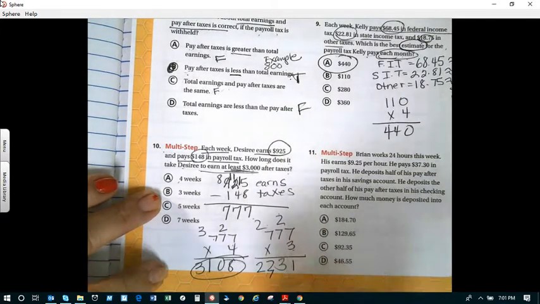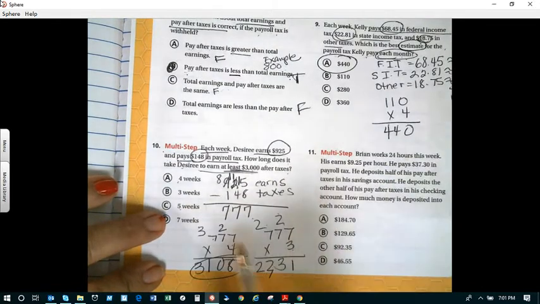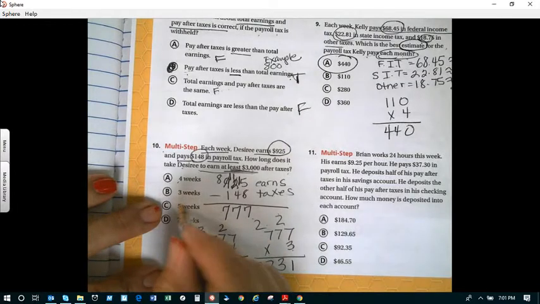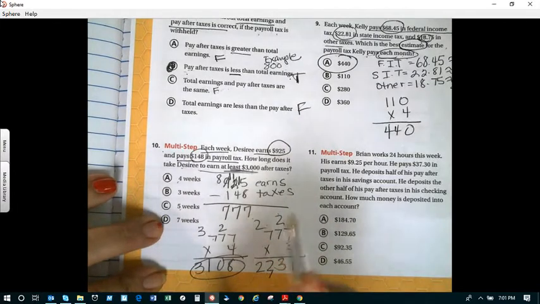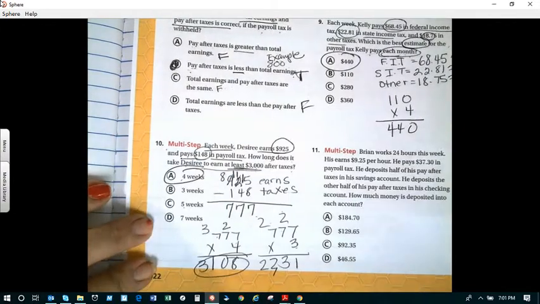So that's not even close to 3,000. 5 weeks is going to be greater than, even if I estimate it, 700 times 5, that's 3,500. So my closest one is going to be A for 4 weeks.